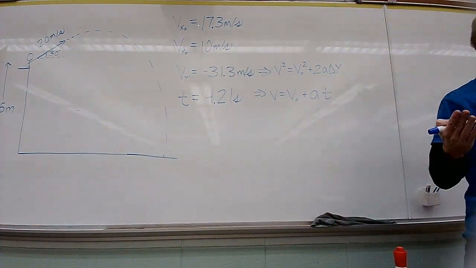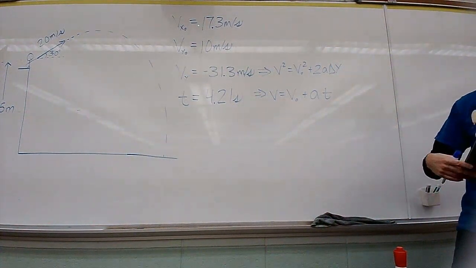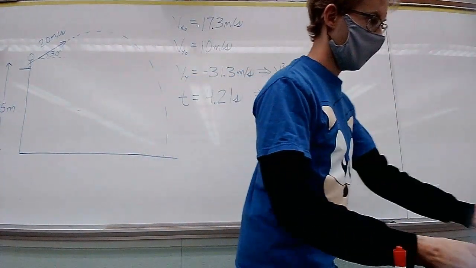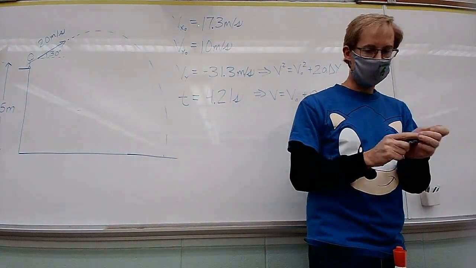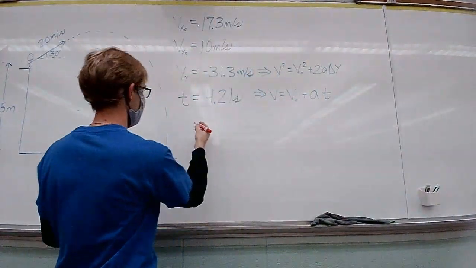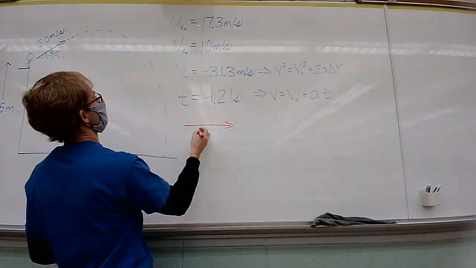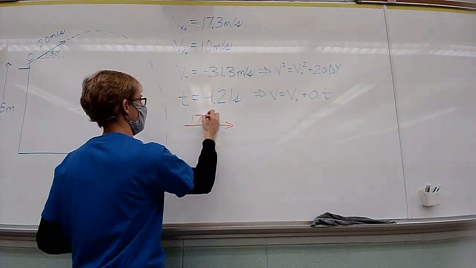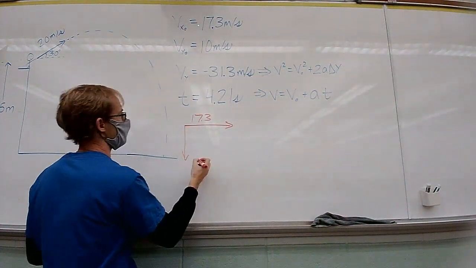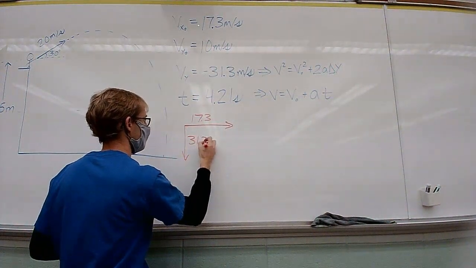Another thing you could solve for is the actual resultant velocity as it hits the ground, which is just another triangle. We know the velocity in the x direction is 17.3, and the final velocity in the y direction is 31.3.